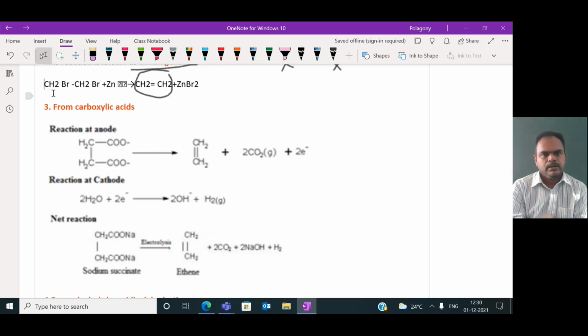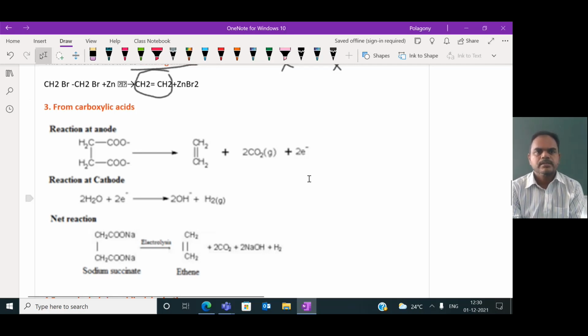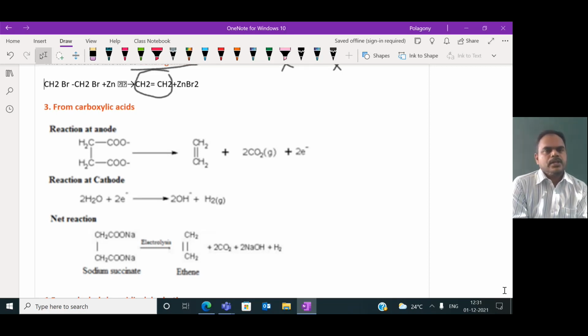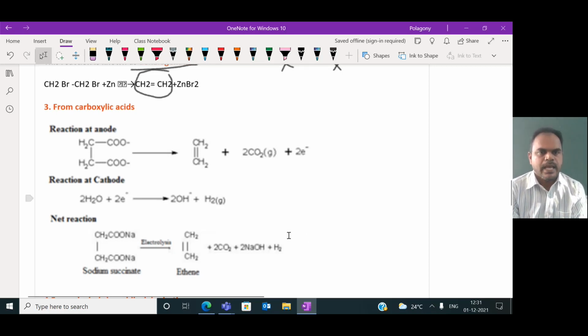The third method of preparation of alkenes is from the salts of carboxylic acids. What are the salts of carboxylic acids? The carboxylic acids like disodium succinate. Disodium succinate is the salt, in aqueous solution.